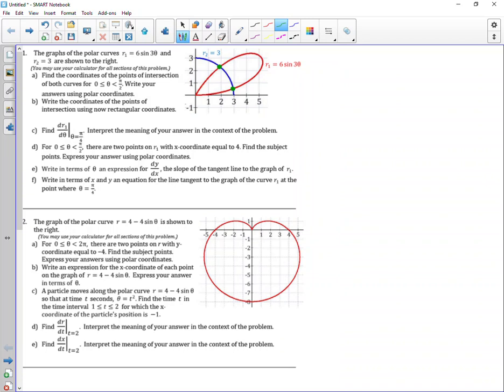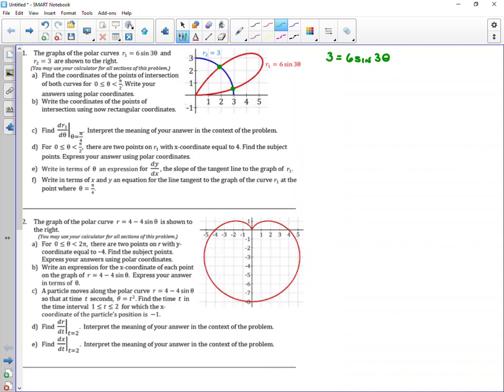Anyways, we need to find these two intersections, right? So how do we find intersections? We set them equal to each other, right? Now it's going to look strange to you, but what I want you to do is, see how we have our equation here?